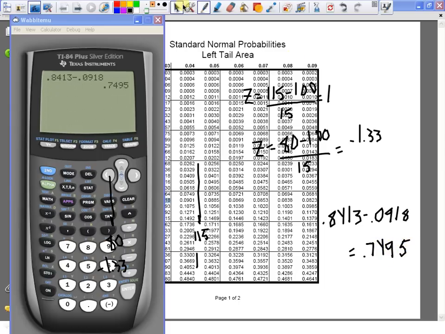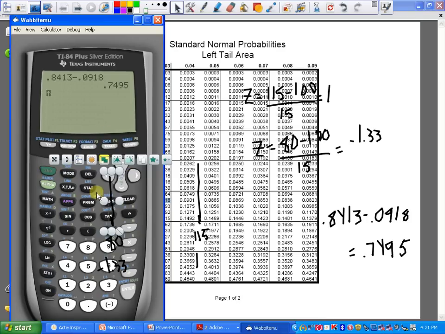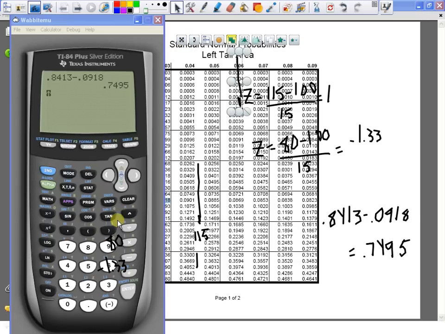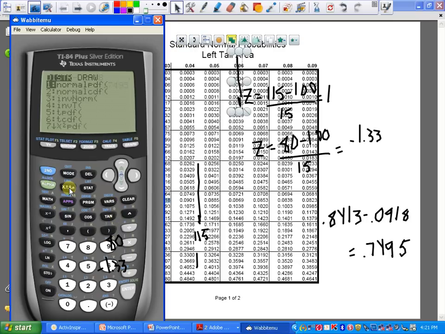Now, there's an advantage of doing this problem in the calculator. If I go to second variables, go back to my distributions, and go to normal CDF. This time I can put my mean and standard deviation.